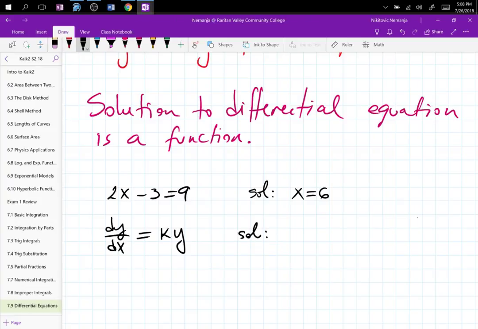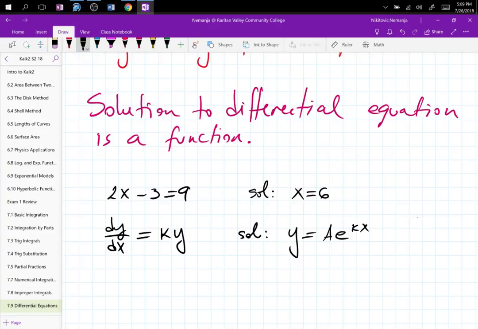So the solution is y equals ae to the kx. So the first one is the equation that you're used to. Guys, all of the equations you ever learned so far belong to this, throughout your algebra and your pre-calculus, and later on calculus you have to solve a lot of these equations.